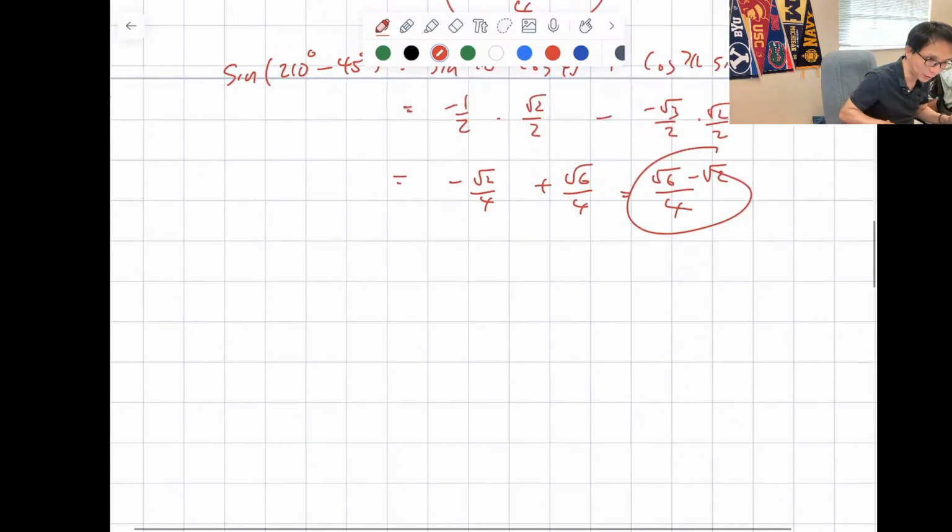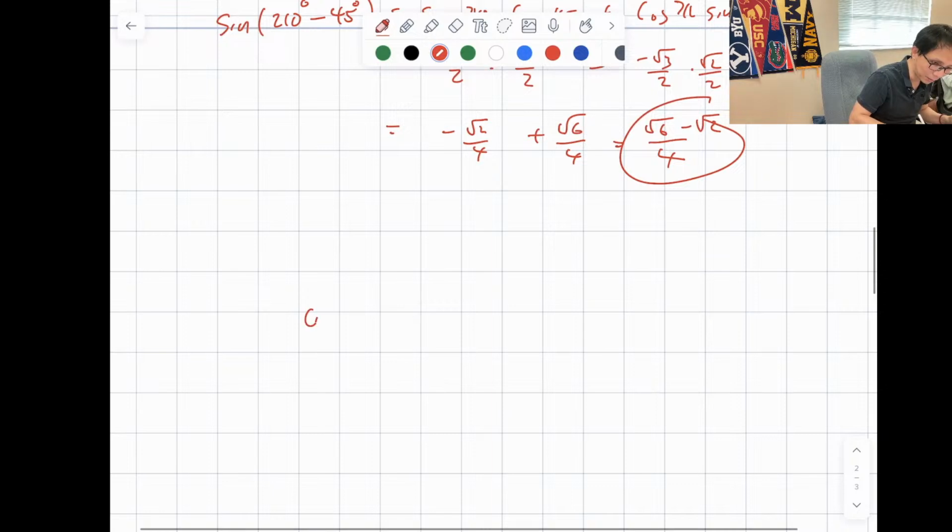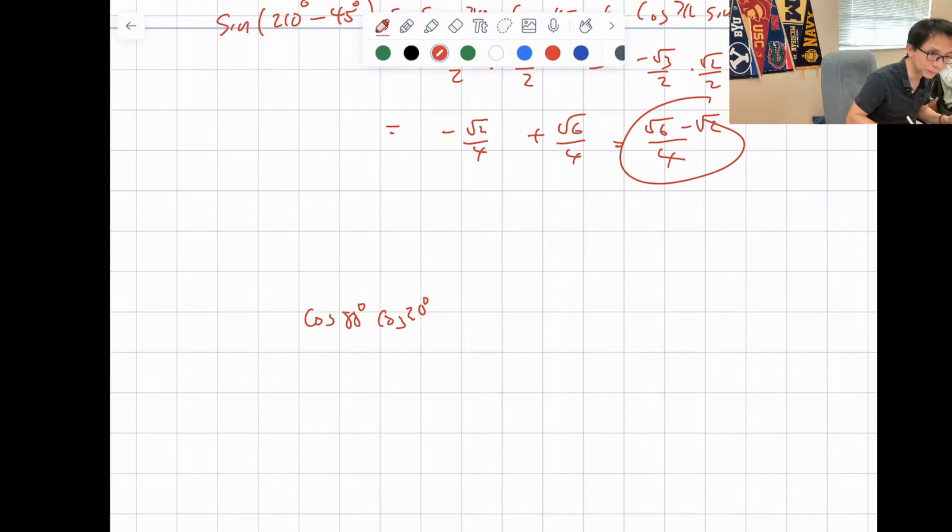Okay, so I'm gonna give you a question. I'm gonna say, hey, what is cosine of 80 degrees, cosine of 20 degrees, plus sine of 80 degrees, sine of 20 degrees?